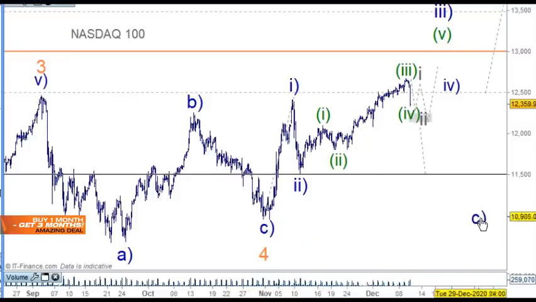So that's also possible, but that would bring us back into wave 4 at that point. So I don't have enough evidence here to call a bigger move down just yet. So I think we'll just stay with the corrective move here and we'll monitor it.